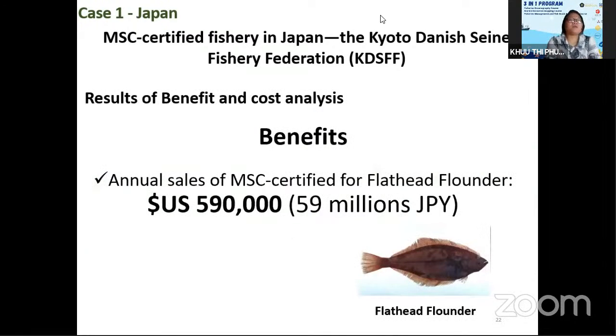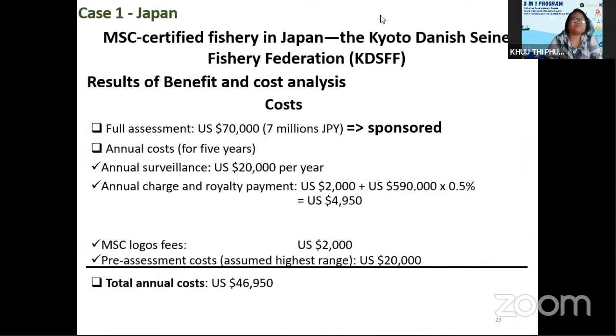And what happened? The result of the benefits and cost analysis. When they apply MSC, the yearly sales of the MSC certified flounder are around 590,000 US dollars.